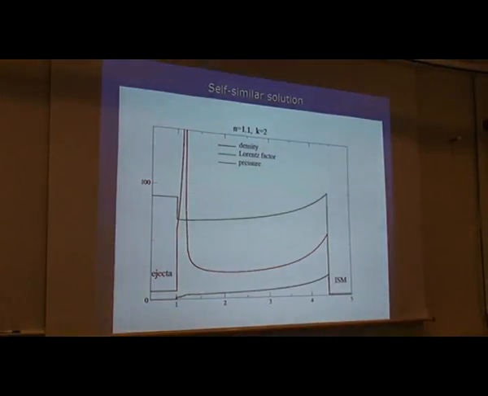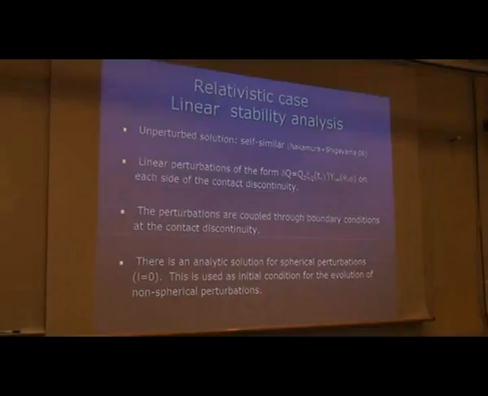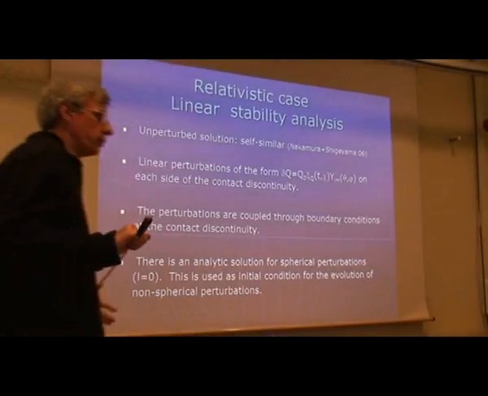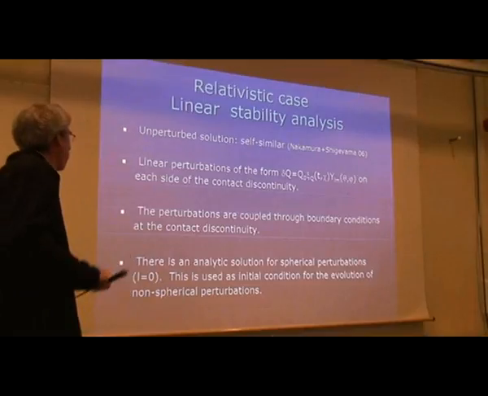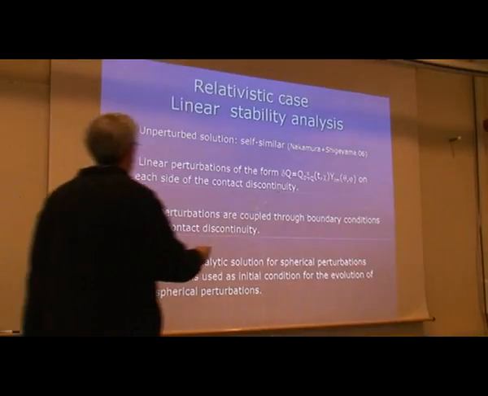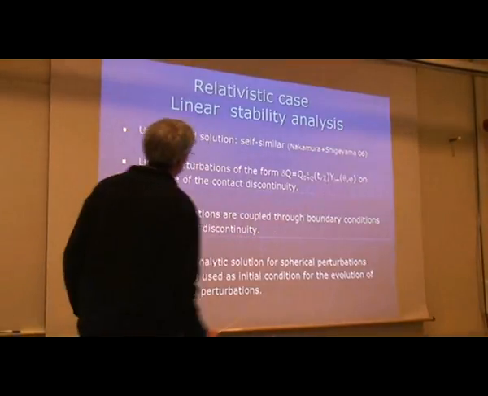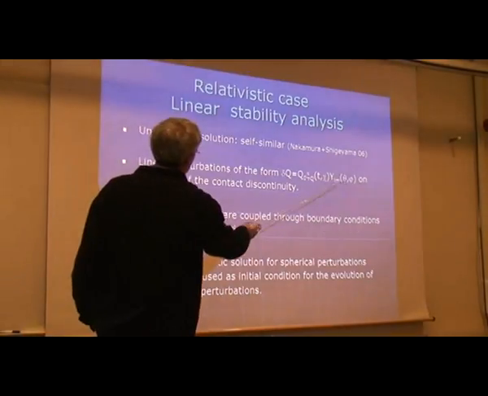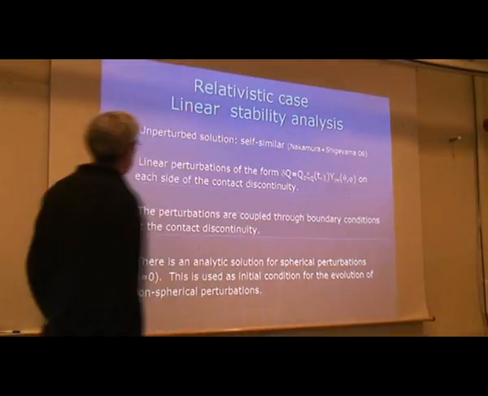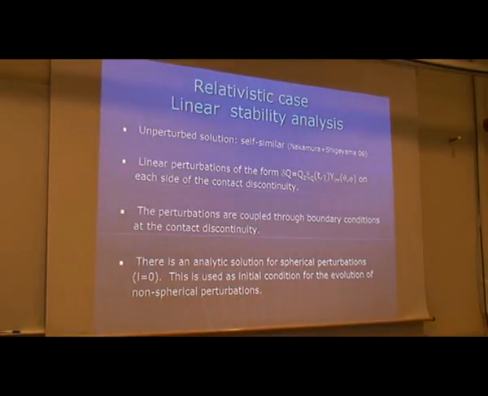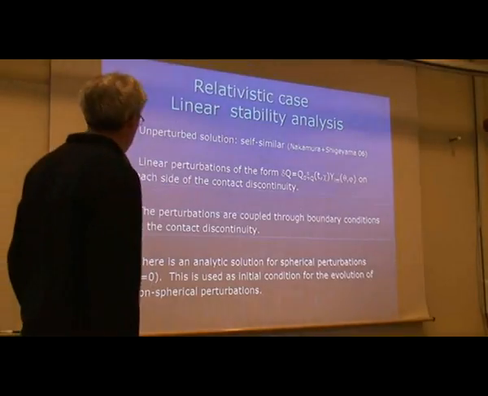So as I said, this is the top solution I use, and then I did the linear stability analysis on this solution. The perturbation is usually of this form, so I look at the evolution of modes of order L. And there is an important point here.